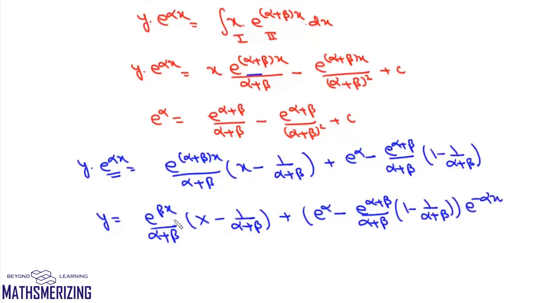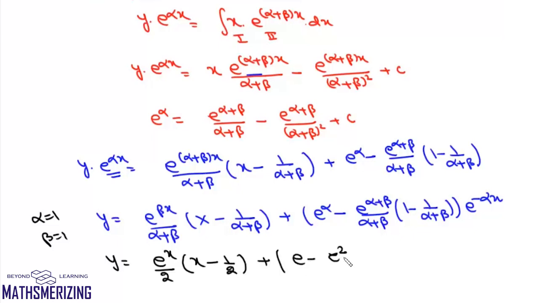Now here we need e to the power x upon 2. So what we'll do is we'll put alpha as 1 and beta as 1. Now if we put alpha and beta as 1, we can write this as e to the power x upon 2. Now this is x minus 1 by 2, and here it will be e minus e square.